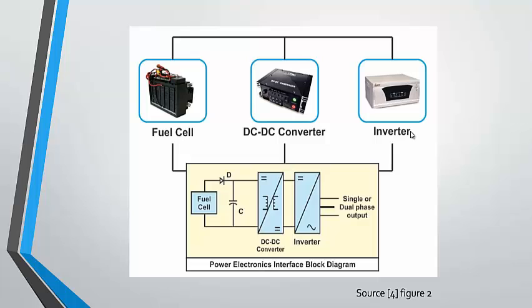Here is a nice figure showing the schematic of a fuel cell and a DC to DC converter, which can boost the voltage signal from the fuel cell, which would usually be a little bit smaller than you would need for an application, and then the inverter that can convert the boosted DC voltage into an AC usable power supply.